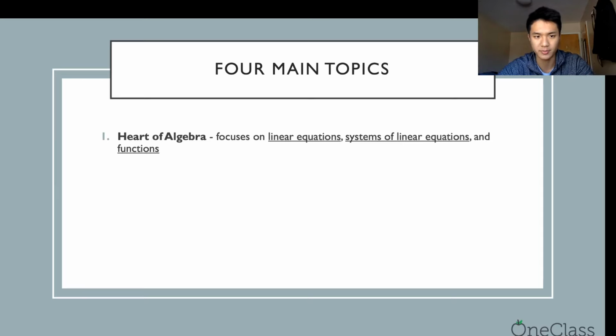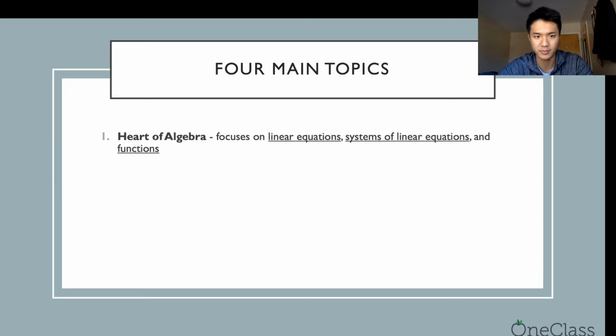The second category of questions is gridded response questions. These are harder to understand, so I've attached an image on the right. It's almost like a free response where the student is asked to grid in an answer in this format.